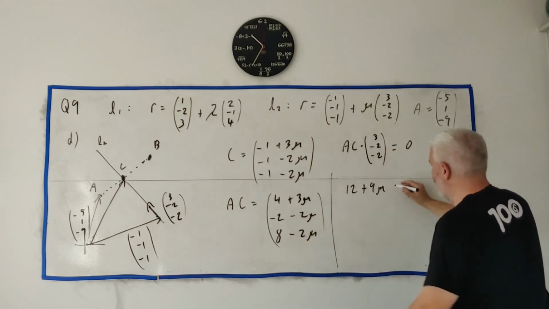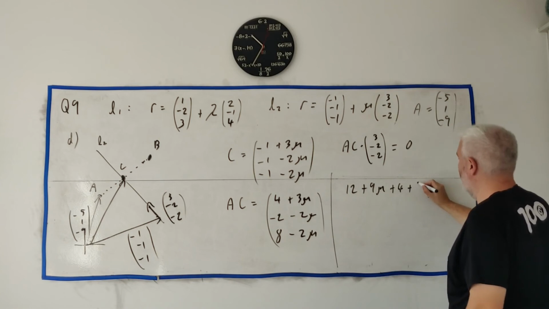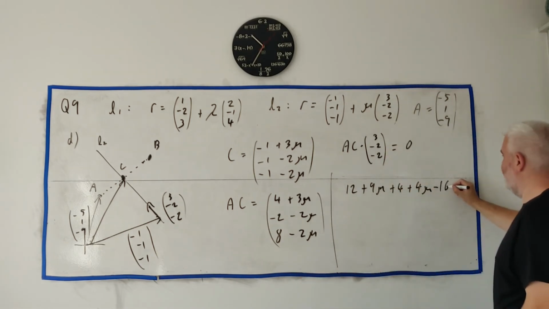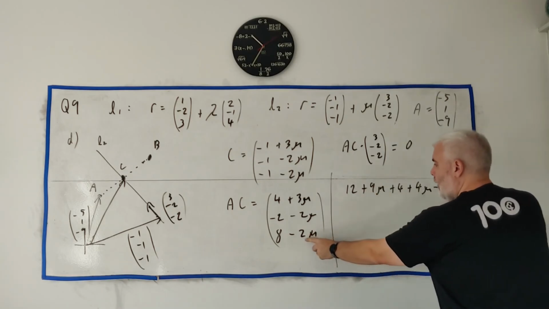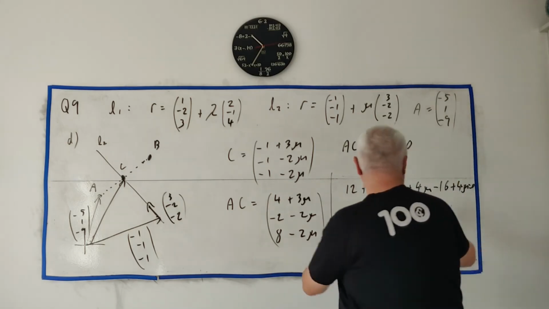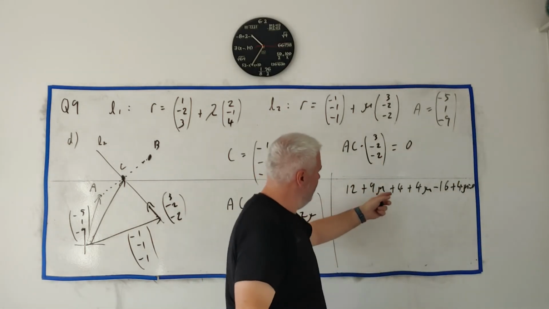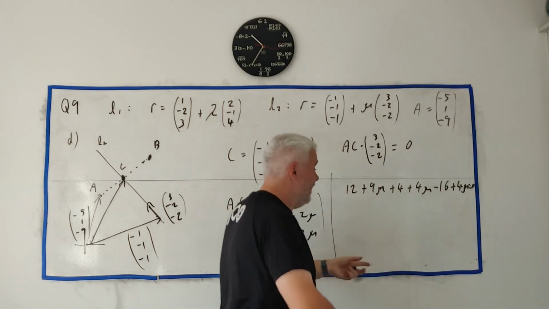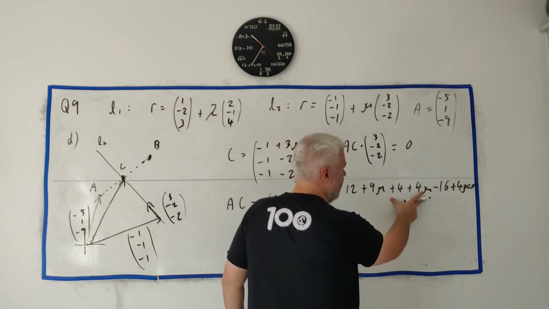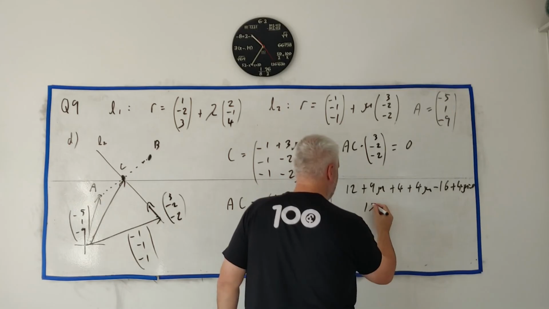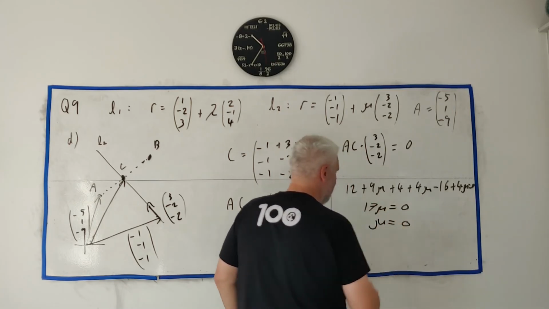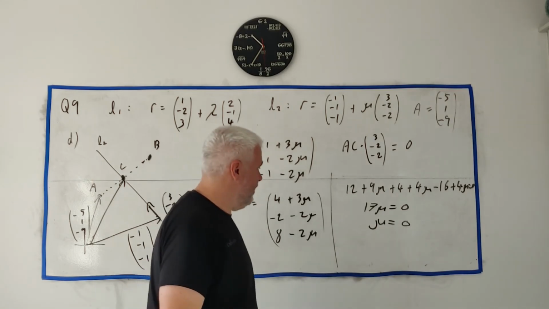Minus 2 times this is plus 4 mu. Minus 2 times this is minus 16 plus 4 mu. And that all equals 0. I can clean this up. The numbers are 12 plus 4 minus 16, that's 0, and the mu's are 9 plus 4 plus 4, that's 17. We get 17 mu equals 0. Mu is equal to 0, which is actually the same answer as we got previously.